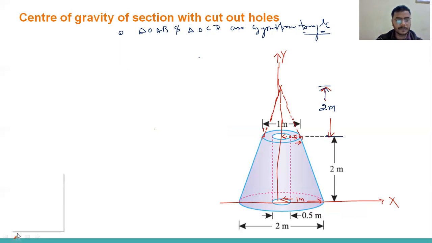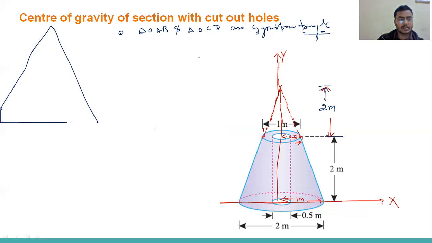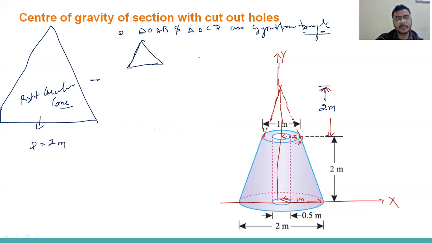See what I'm going to do. So finally, how will we get this value? First I am taking this one, a right circular cone with a diameter of 2 meter. Then I will deduct from this a top right circular cone with a diameter of 1 meter and height 2 meter.